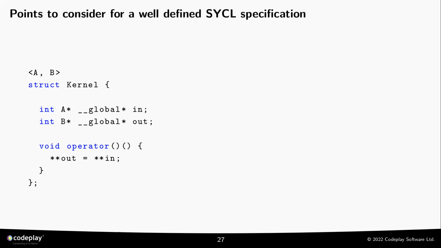Now, if we default A and B to private because the body of the function doesn't tell us which address space to use, this would actually be a problem because we just got a pointer and we're not initializing this. So a pointer to private would actually be a pointer to some undefined memory.